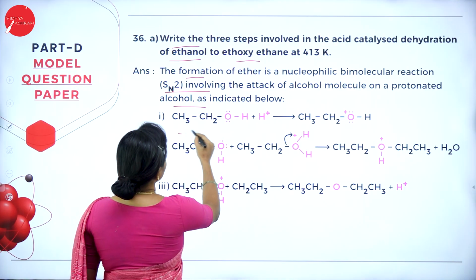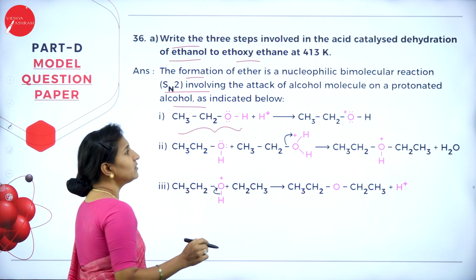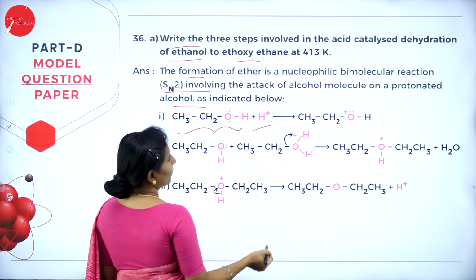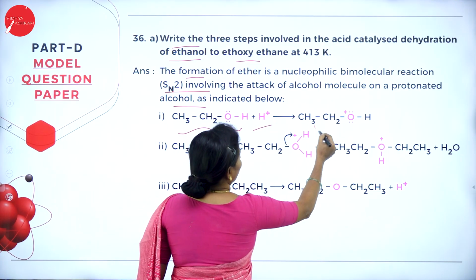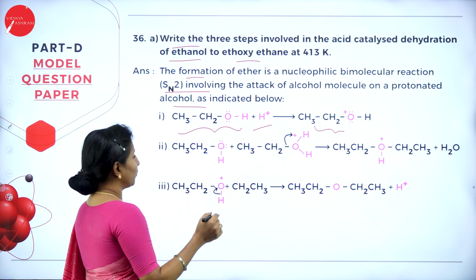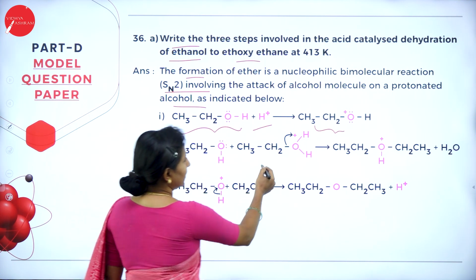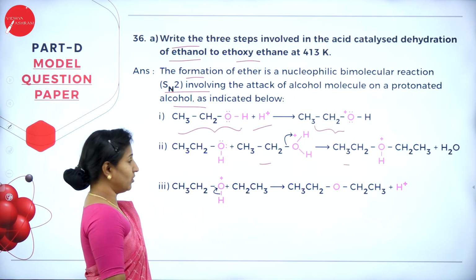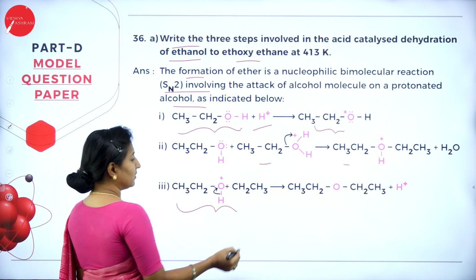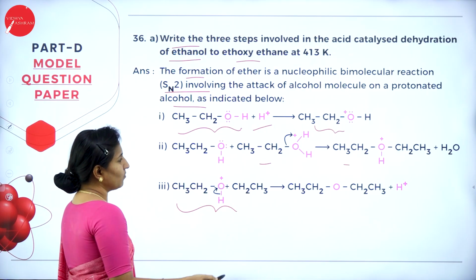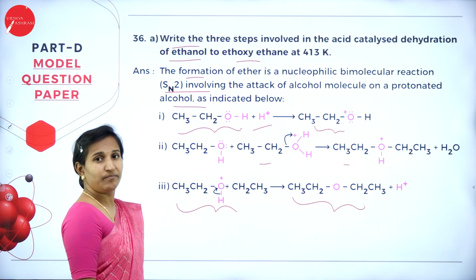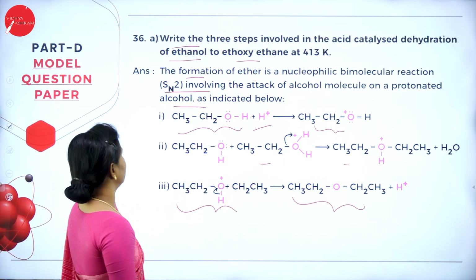So this is the ethanol which is attacked by the proton. It forms protonated alcohol. The protonated alcohol is then converted into protonated ether by the removal of water, and the protonated ether loses a proton, converting into diethyl ether or ethoxyethane.